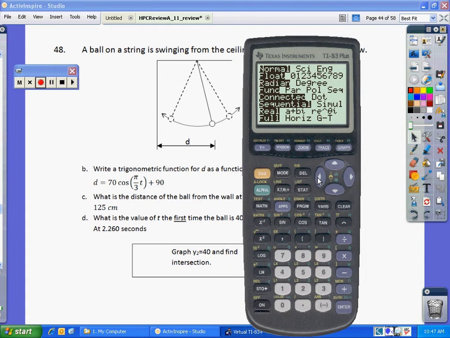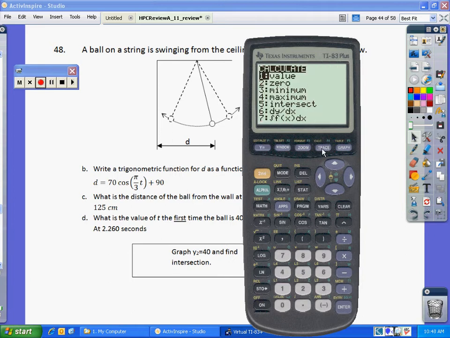We are. And now we have to go to second calc. The value, what's the value of the function? When x is equal to 5. Hit enter, you get 125 centimeters.